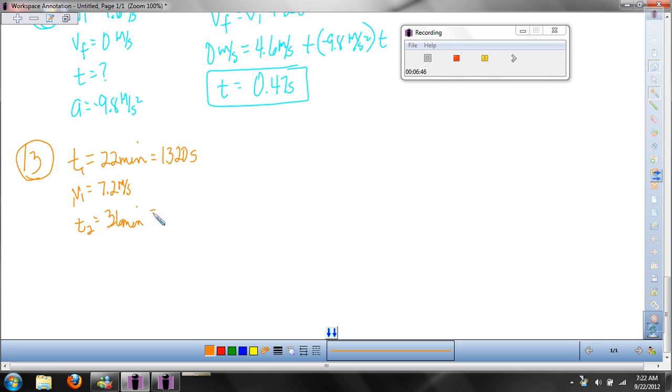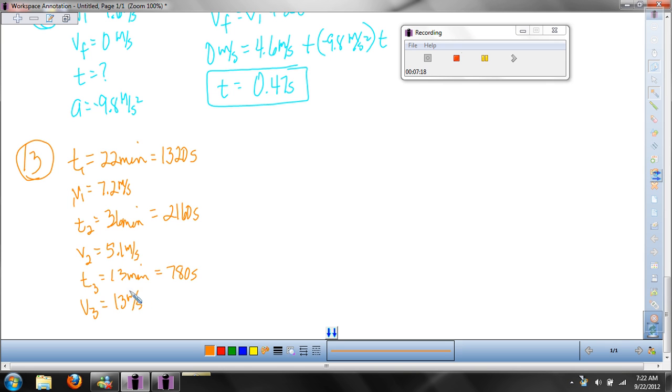Again, the minutes don't do anything for me, so that's going to be 2160 seconds, if I did my math correctly. V2 is going to be 5.1. And then T3 is 13 minutes. And 13 times 60 should give me 780 seconds. And she covers that trip at 13 meters per second. So V3 is 13 meters per second.